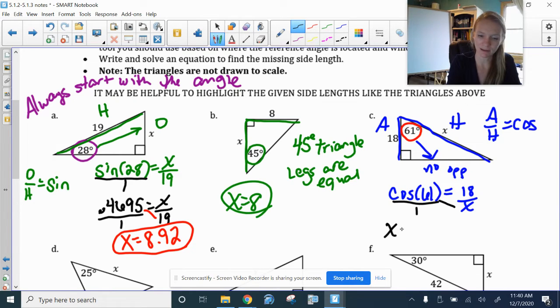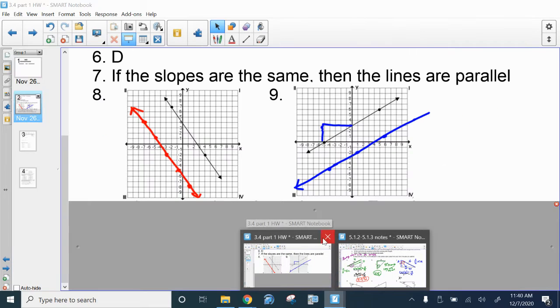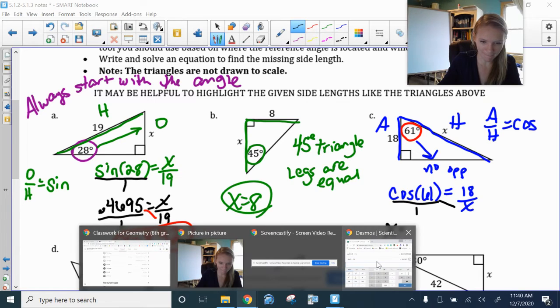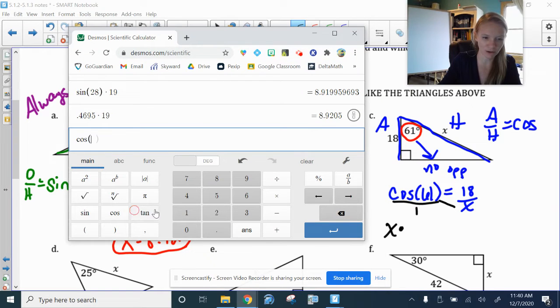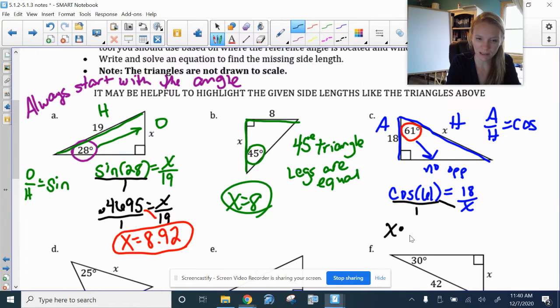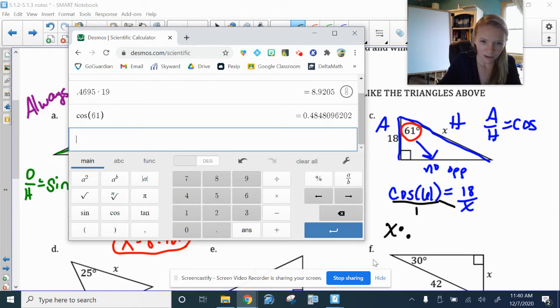If I do that, I have to do x times the cosine of 61, and this is where it might be helpful to get your decimal, because you guys aren't as familiar with cross multiplying yet with these crazy numbers. So cosine of 61 is 0.4848. All right.